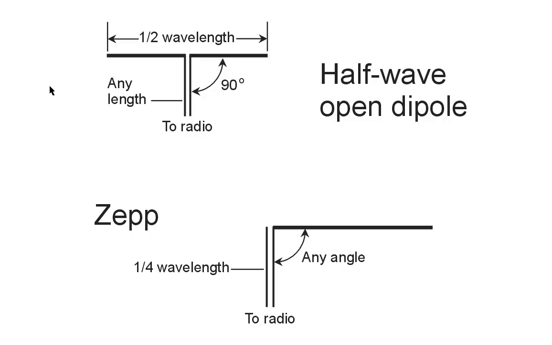You're going to have to trim it and experiment. You might want to start out with, say, 68, 69 feet and trim it back bit by bit until you get a resonant condition. You can determine that using a standing wave ratio meter.